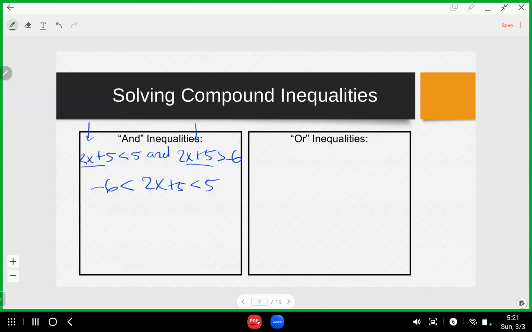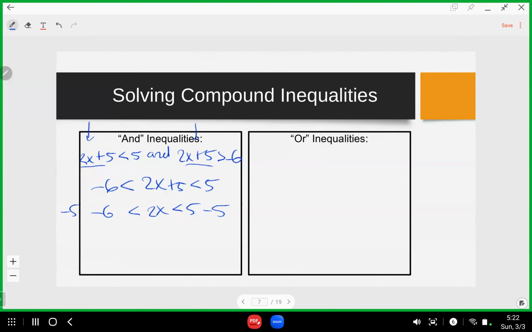So how do you solve it when it's combined like this? It's actually really easy. You just do the same thing to both sides. So 2x plus 5, to get rid of the 5, you want to get closer to x, right? To get rid of the 5, you just have to subtract 5 from all sides.